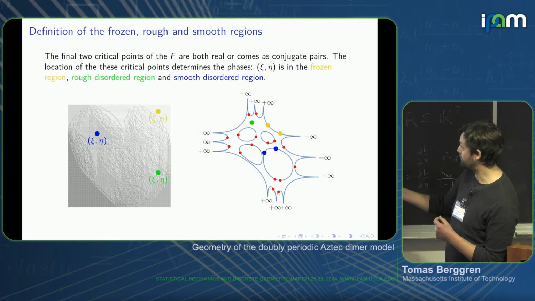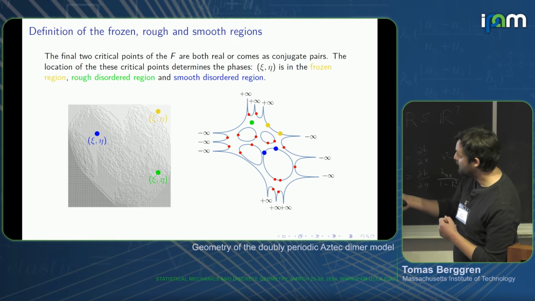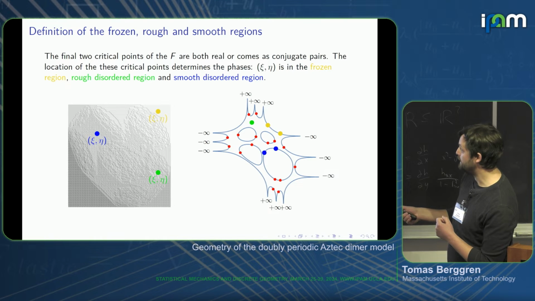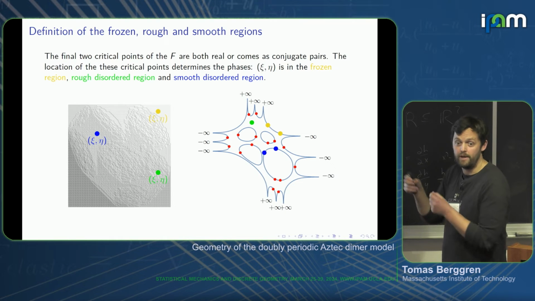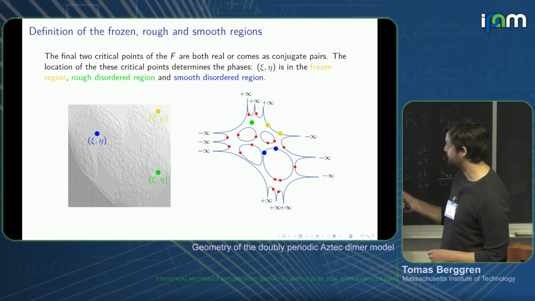So it's 2 critical points over here. If this point instead were here, that would mean that this oval, this boundary, had 3 critical points. So the 2 extra critical points lie here.